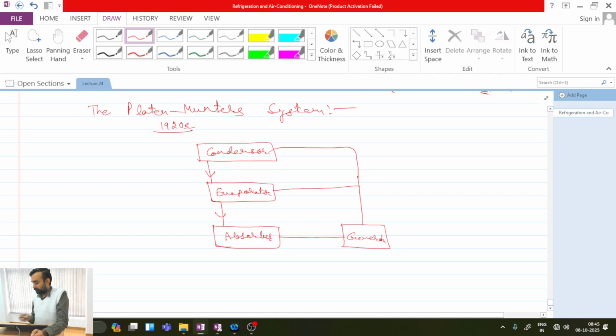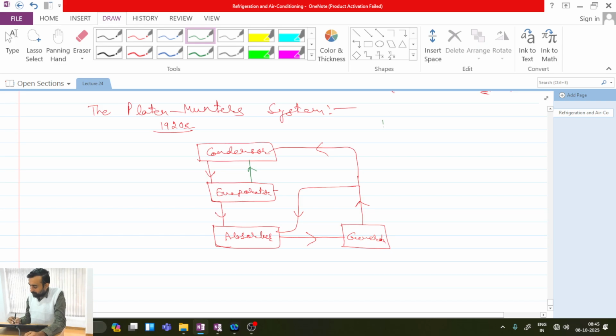Part is going to the condenser and part is going to the absorber. And in between the condenser and evaporator there is one more fluid which is involved here.